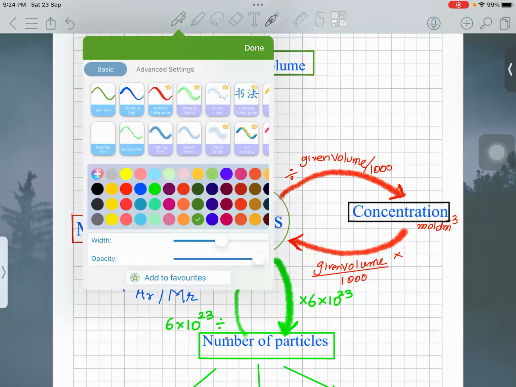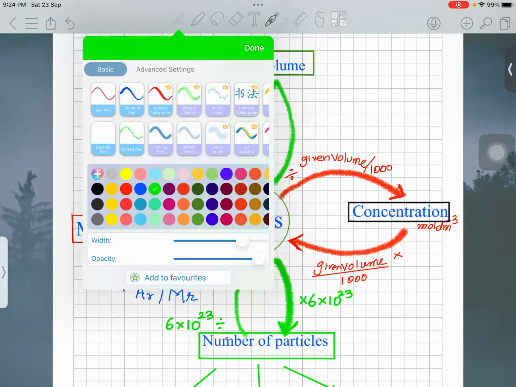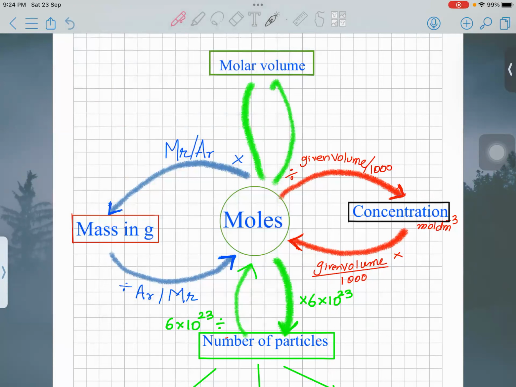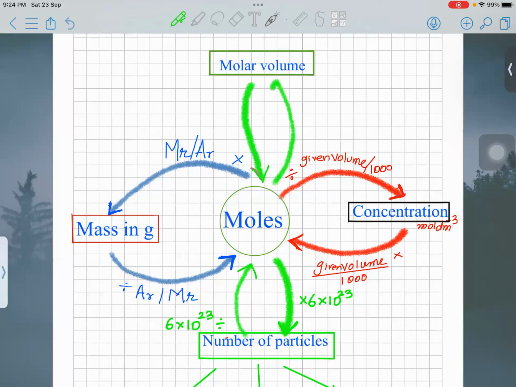So molar volume: moles multiplied by 24 dm cube.